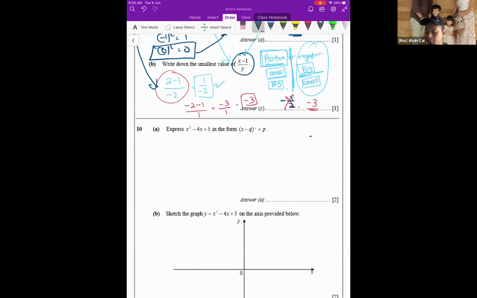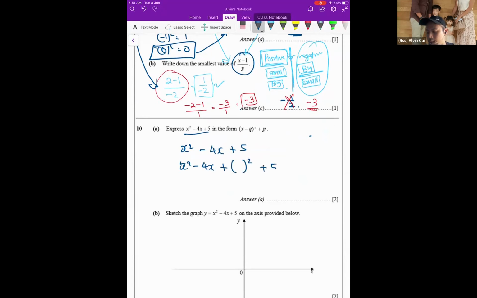Okay, so 10A. So completing the square, run through a quick one for those who are still not too sure or can't remember. Okay, so right now, we need to plus something squared, and after that minus something squared, and then something is a fraction, which is over 2. Okay, so the number that we need to put in will be the number over here.